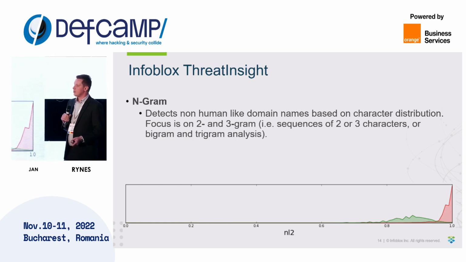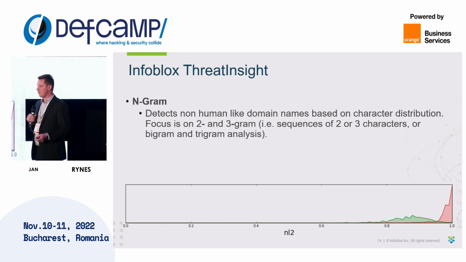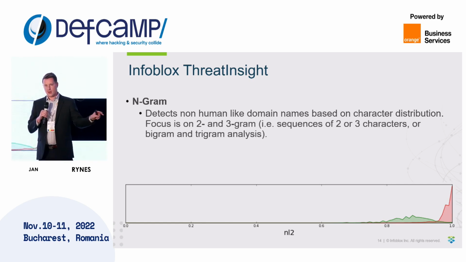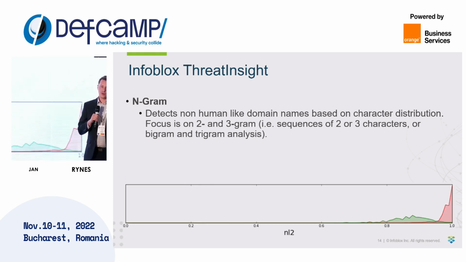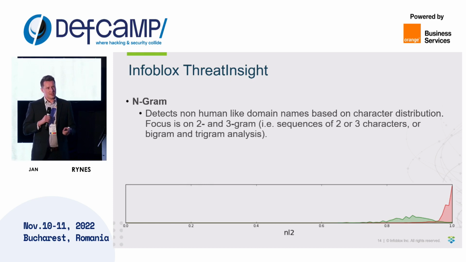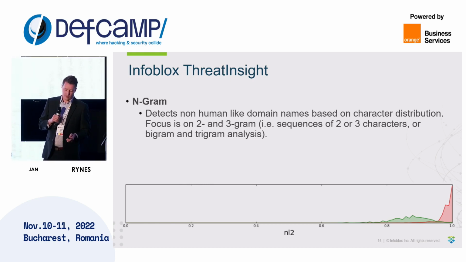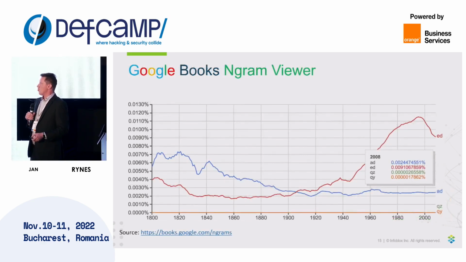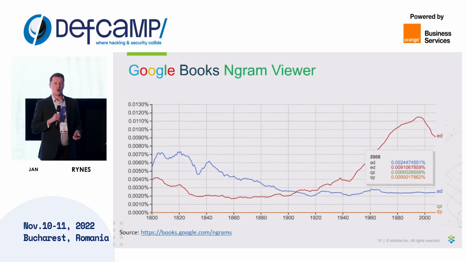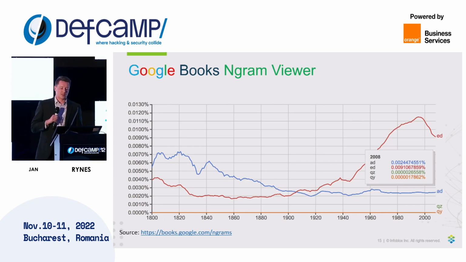So n-gram is another characterization that we are doing, and we are checking 2 characters all over the query, and also 3 characters. That's how we detect, okay, this communication looks weird, this communication is maybe generated and it's not healthy. This is the source of this classification.